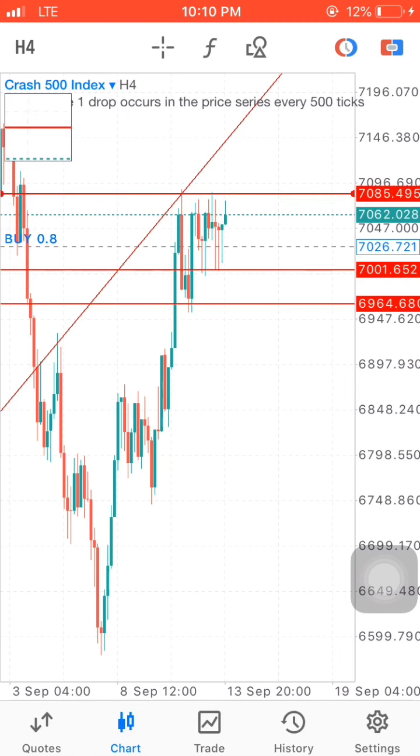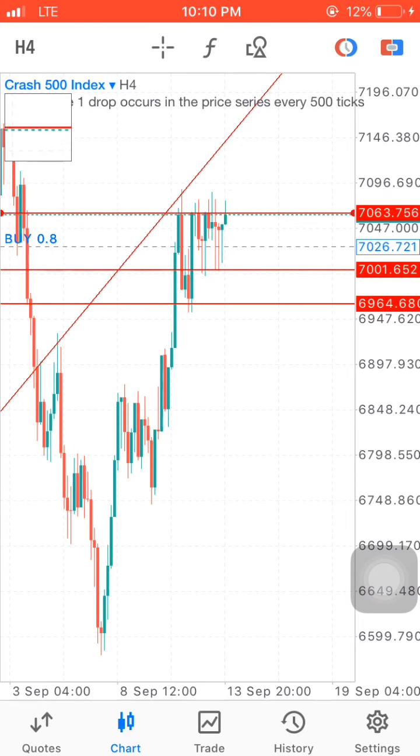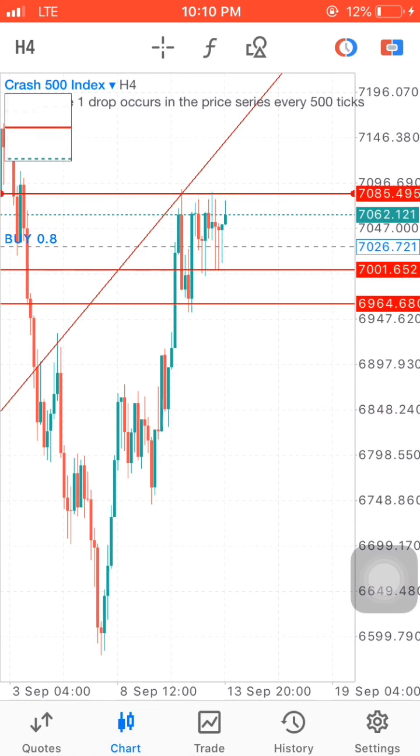Because of the wicks, the market actually came to that position, but this is right where it ended. I'm just putting it up here just in case it gets to that position. I now know that that whole area there is an area of reversal.